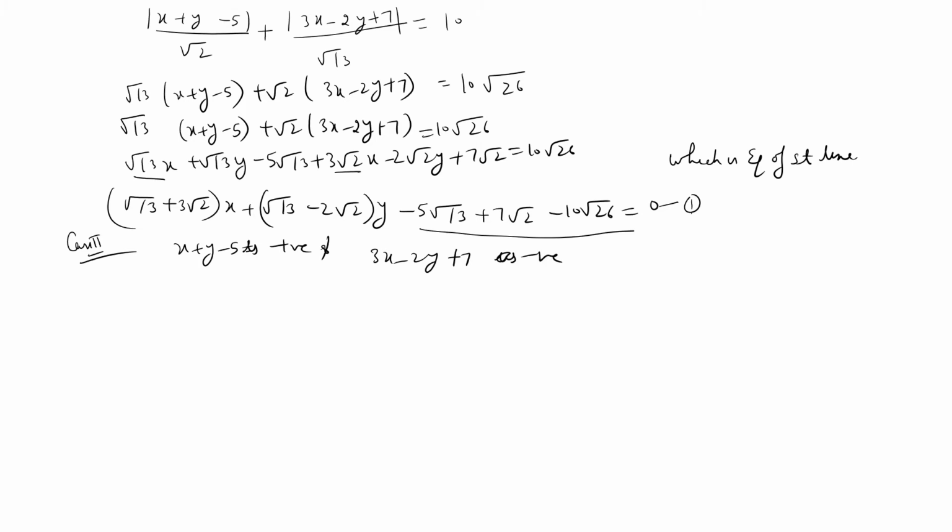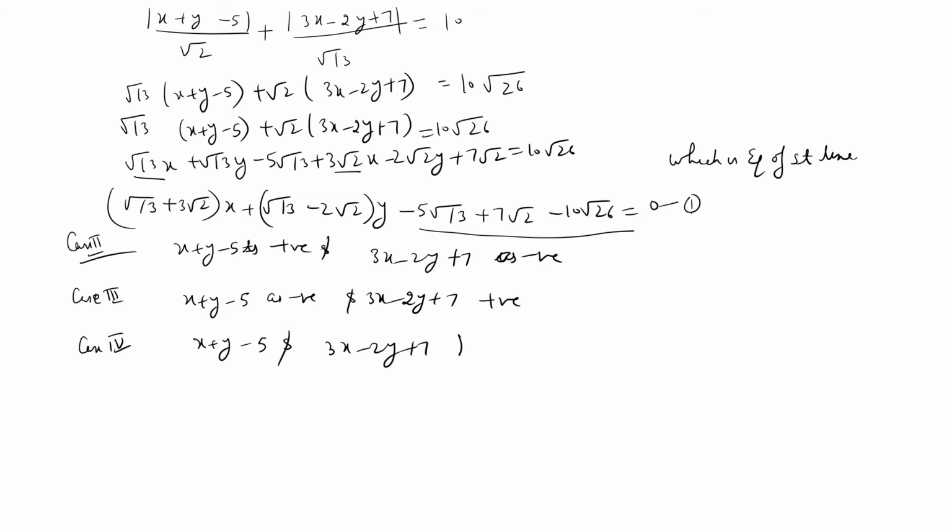Then the third line you can get by taking x plus y minus 5 as negative and 3x minus 2y plus 7 as positive, and in the last case you take both negative.